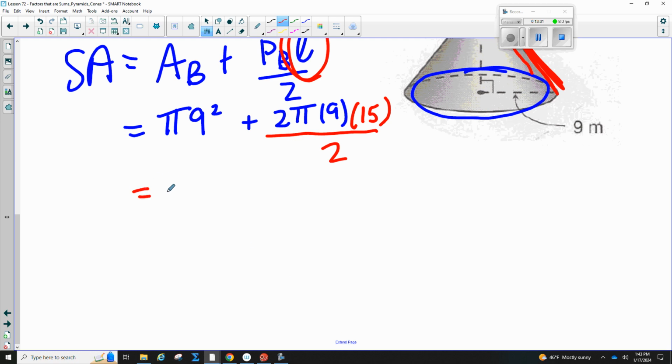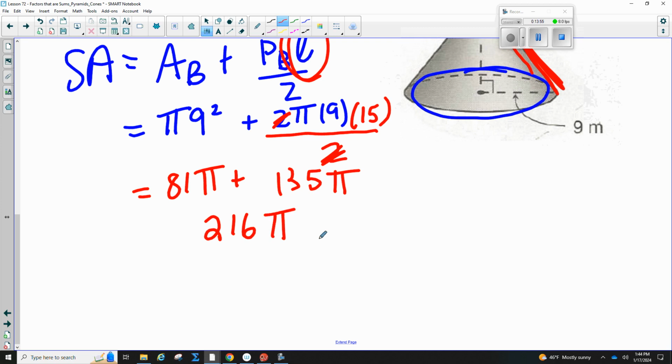All right, my 2's cancel out. Then I have 9 times 15 times pi. What is that, you guys? Yeah, 135 pi. Okay, these do add together because they both have pi's. So that's 216 pi meters squared because it's surface area.